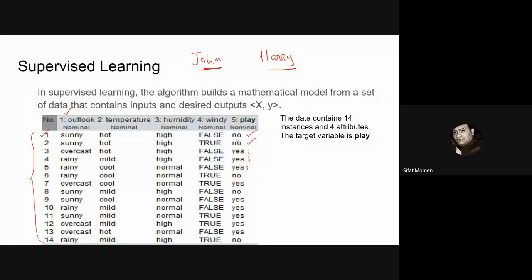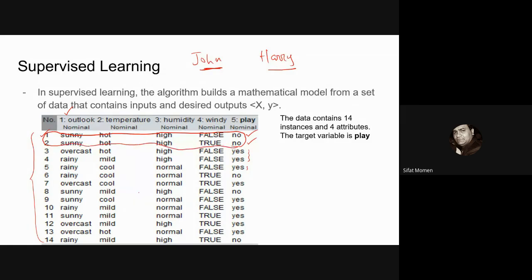Now after these 14 observations, he can look at it closely and start understanding when John probably never plays golf outside. For example, look at this. Which are the days when John does not play golf outside? These are the first and second. Is there an interesting pattern?